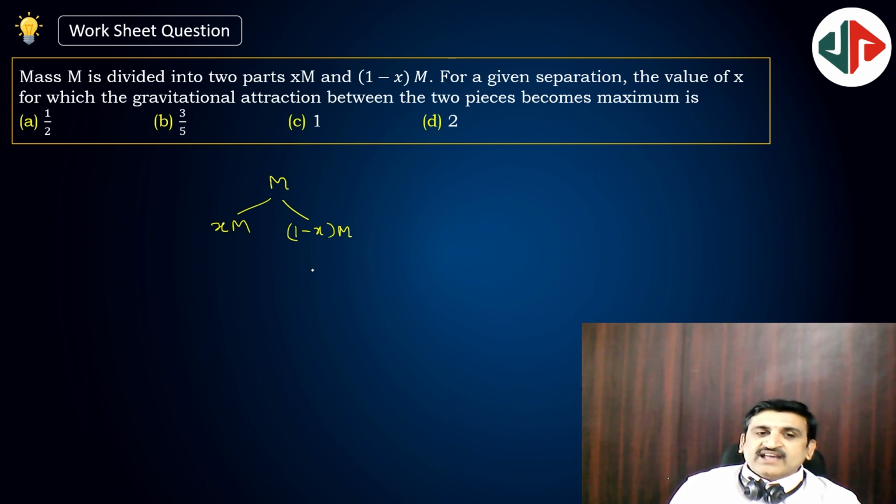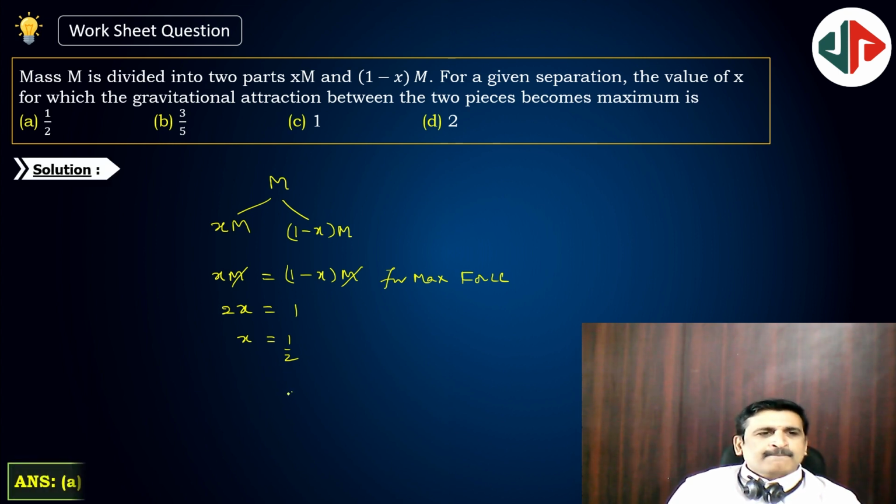To have maximum attraction, they must be equal. So xM must be equal to 1 minus x into M. So 2x is equal to 1, x is equal to 1 by 2 for maximum force. So option A.